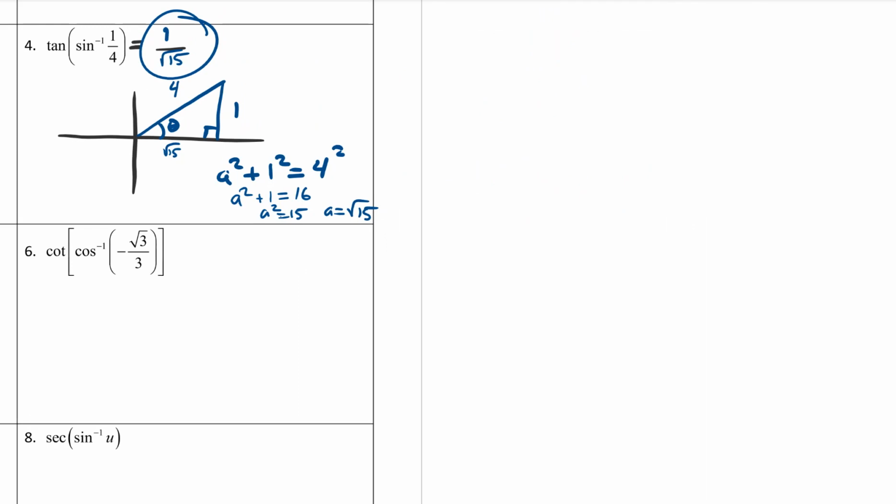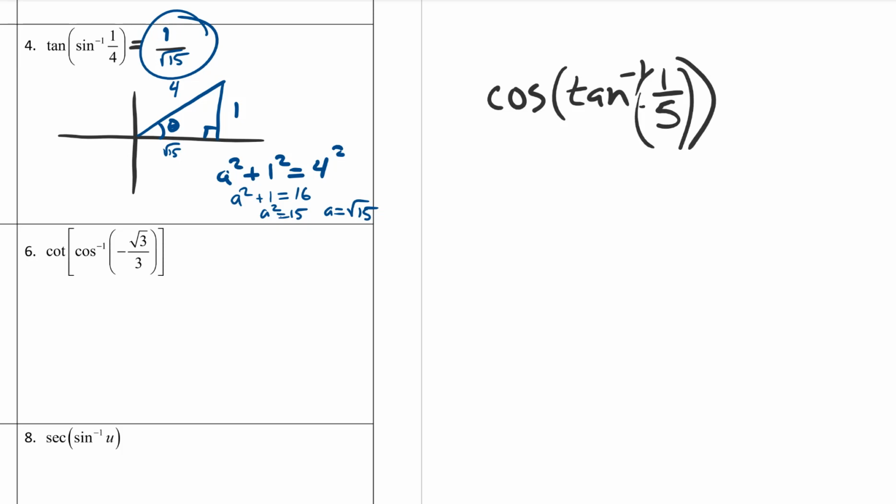Why did I draw a quadrant? If we were to have something like this, let's do cosine of tangent inverse of, let's call it negative 1 over 5.